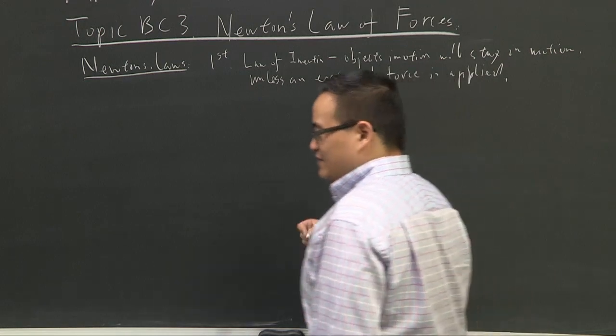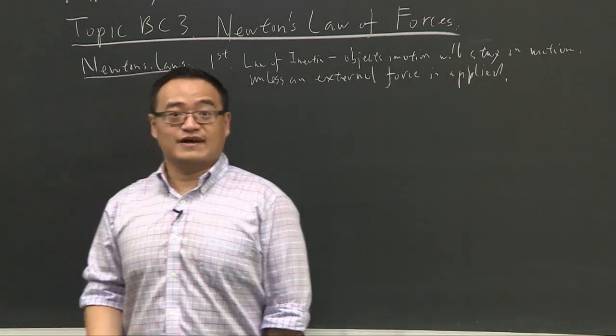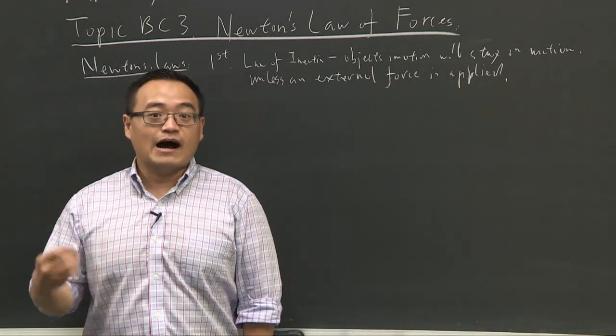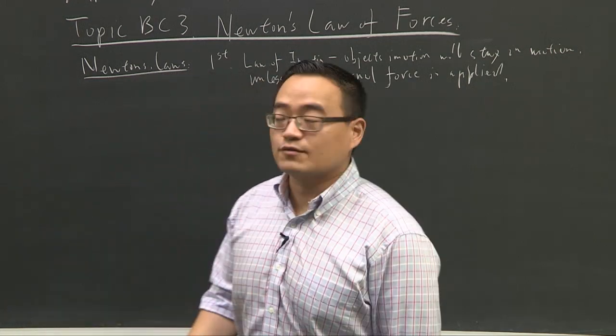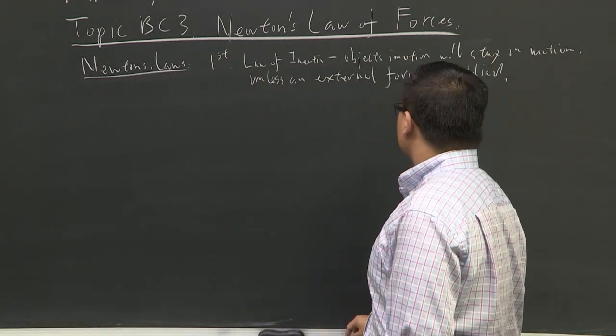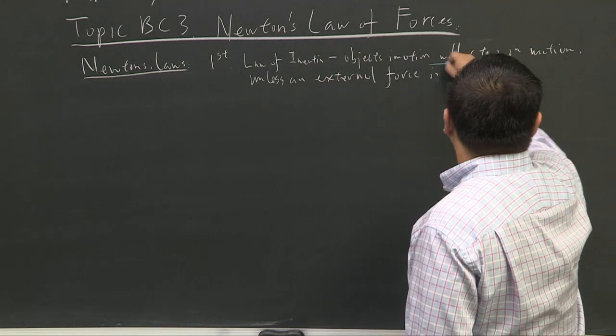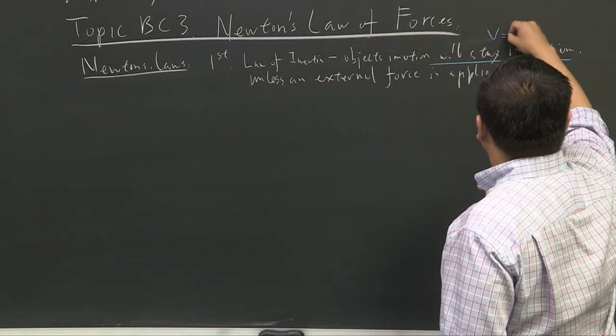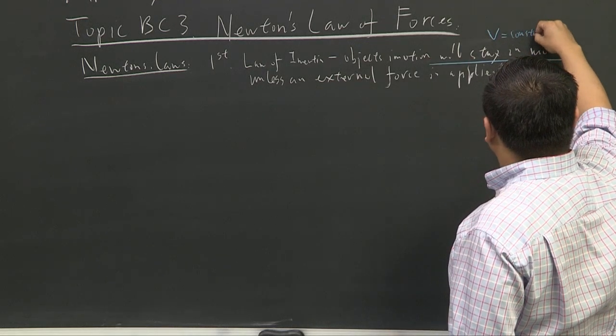If you've taken any physics class, you probably memorized this line and wondered what it means. Objects in motion will stay in course of motion. The way I like to interpret this is that you're going to keep your velocity constant.